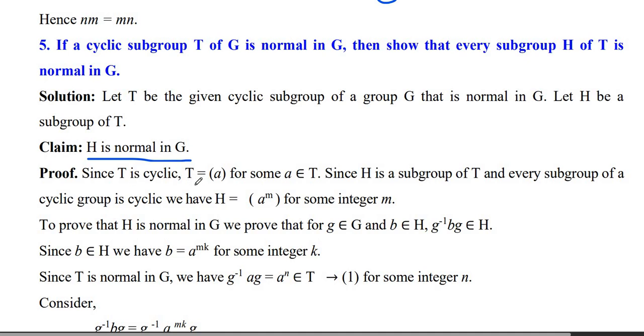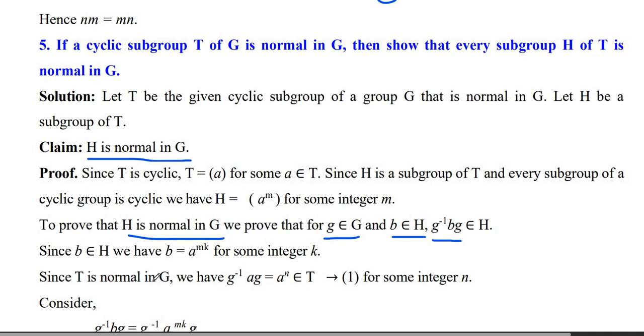Now since T is cyclic, T is generated by a for some a in T. Since H is a subgroup of T and every subgroup of a cyclic group is cyclic, H must be generated by some a to the power m, where m is some integer. Now to prove that H is normal in G, we prove that for every g in G and b in H, g inverse b g belongs to H. Since b belongs to H, b is written as some integral power of a to the m.